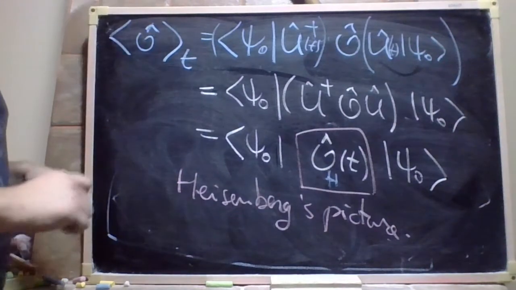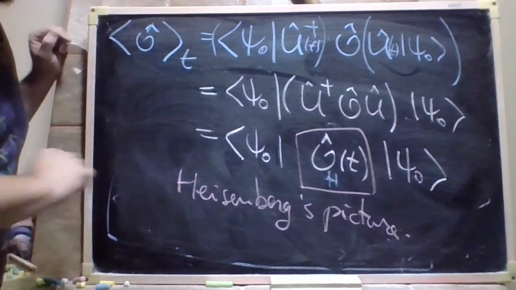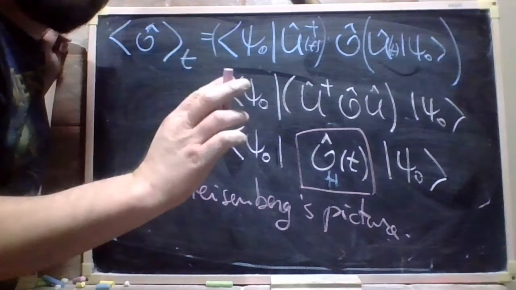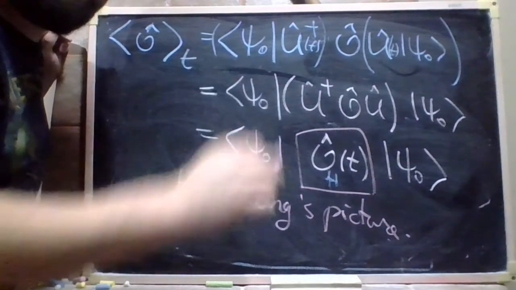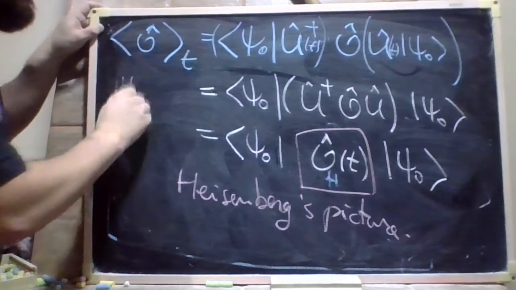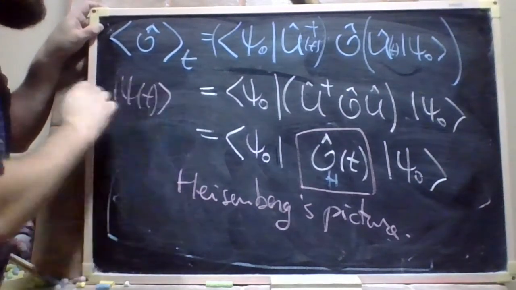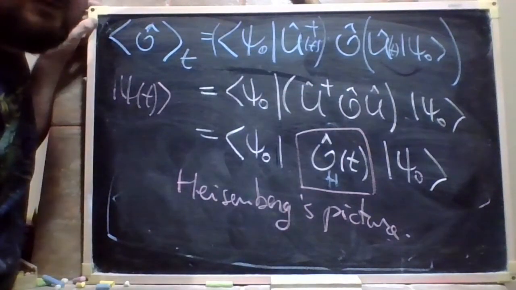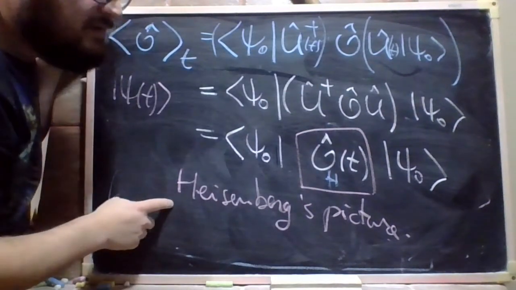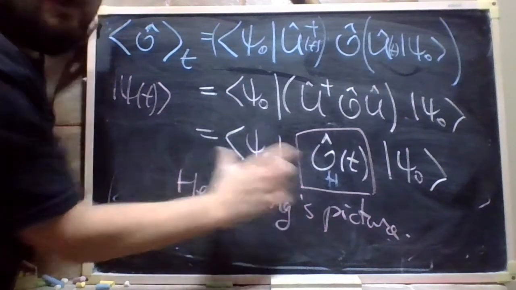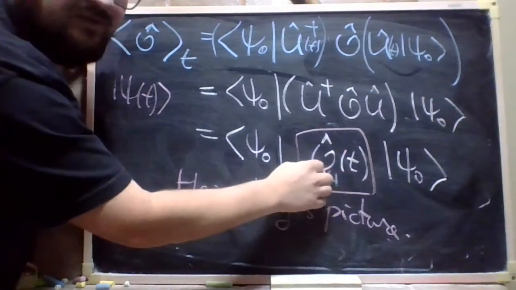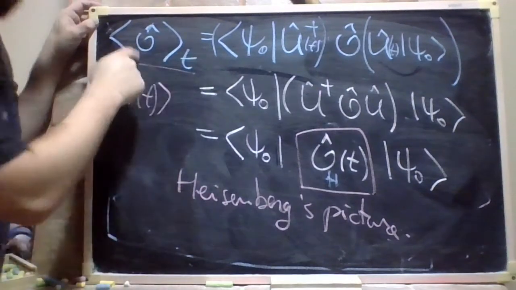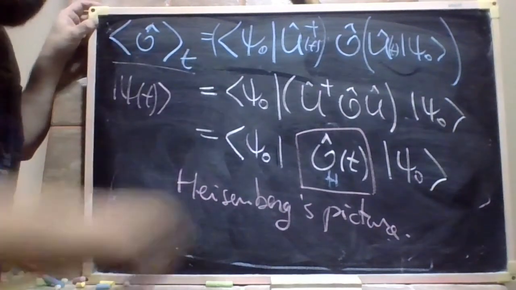To summarize, in Schrodinger's picture, the physical state of the system, psi, is a function of time. It rotates, and the operators are kept fixed. For Heisenberg, the state does not rotate, but the operators must be rotated to produce the same answer, which is the average of that operator as time evolves.